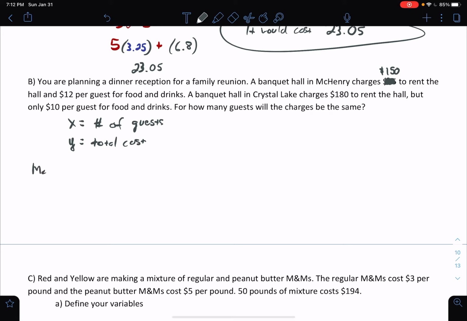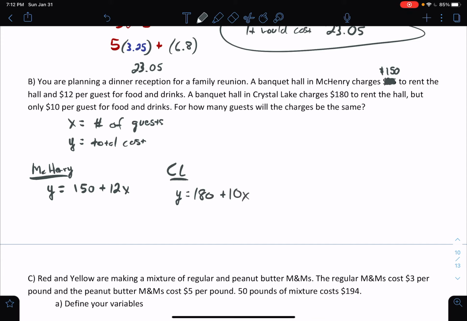So for McHenry, this equation is going to be y equals 150 just to rent the hall plus $12 per guest, so plus 12x. For Crystal Lake, that total cost is going to be $180 just to rent the hall plus $10 per guest.